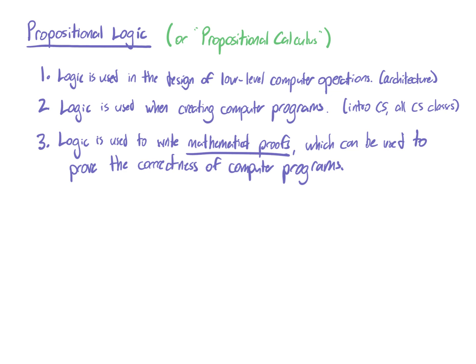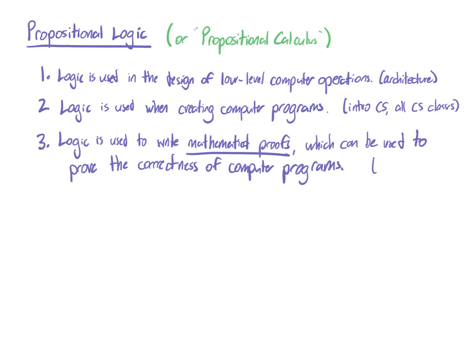You have a cool Python function that performs a task. How do you know that that function does the task correctly? How do you know with certainty that it works? Mathematical proofs and logic, which is the backbone of those proofs, can be used to perform this task. So, this is why we care about propositional logic.